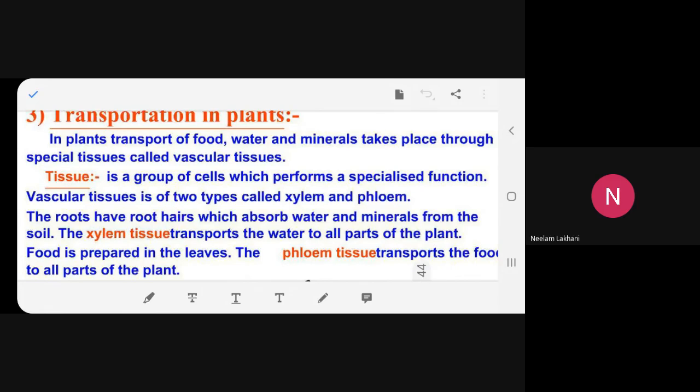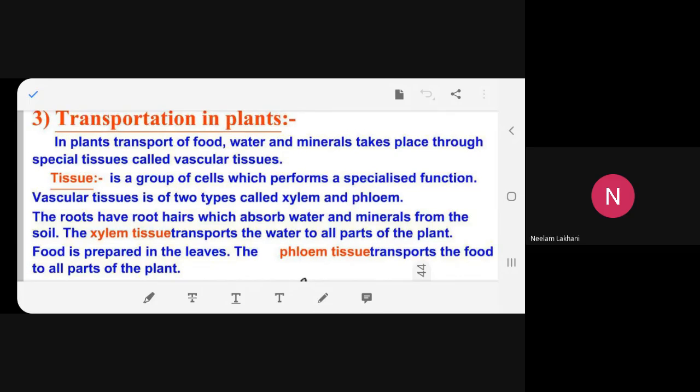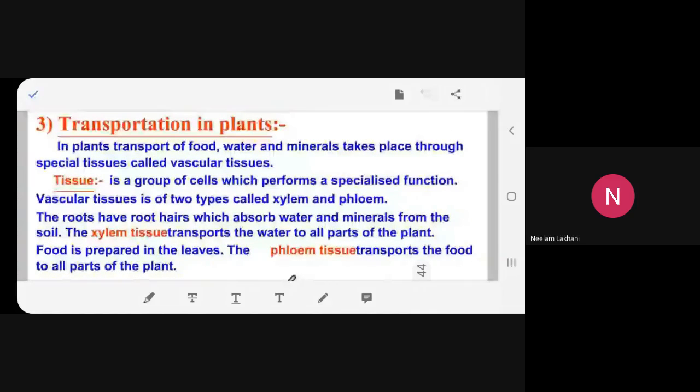The xylem tissues transport the water to all parts of the plant. Food is prepared in the leaf. The phloem tissue transports the food to all parts of the plant.